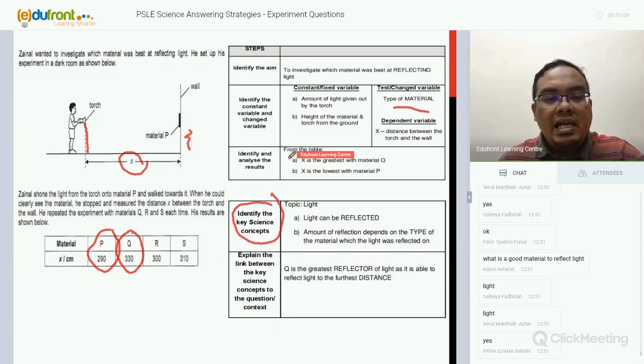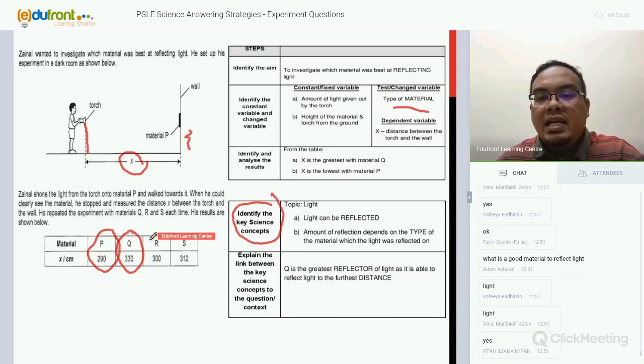And they also tell you that from this experiment, you can tell that light does not reflect the same way for all materials, right? In some materials, the light reflects more than the other materials. So some materials are a greater reflector of light compared to other materials.